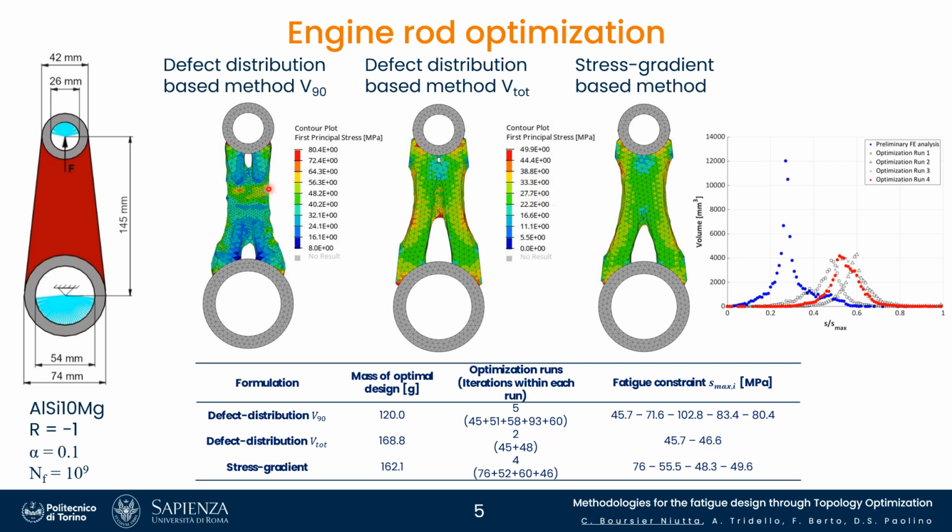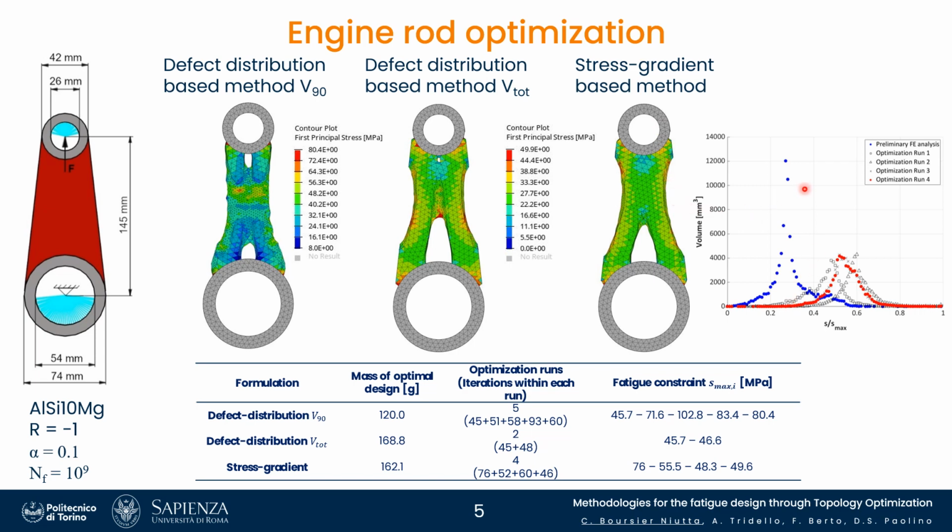You can see that the final topology is very sensitive to this arbitrary choice of the volume to retain for the calculation of the largest defect. Looking at the stress gradient method, you can see that it leads to very similar results and topology to that obtained with the marginal PSN method when the whole volume is retained, which confirms the robustness of this methodology, which does not require the defect distribution.